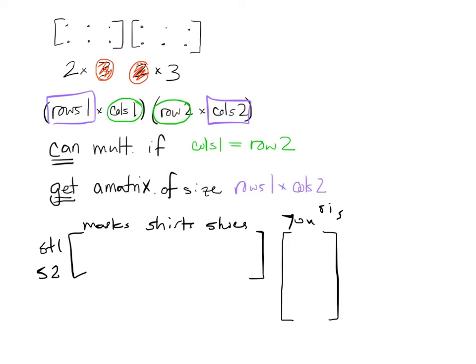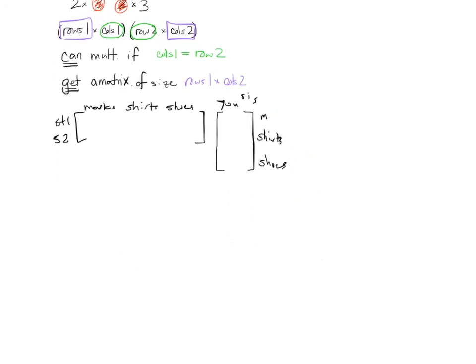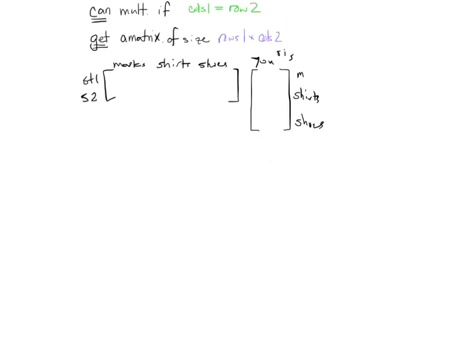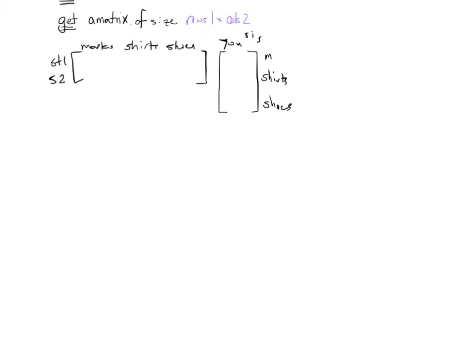You and your sister were each buying a certain number of masks, shirts, and shoes. And what we ended up with was a matrix with dimensions store 1 and store 2, and then you and your sister.